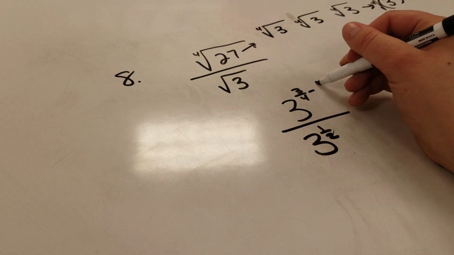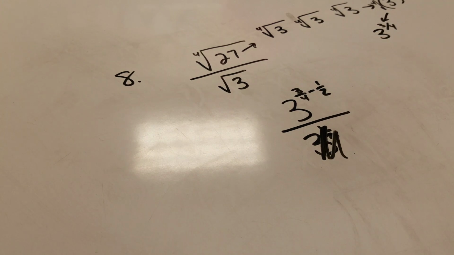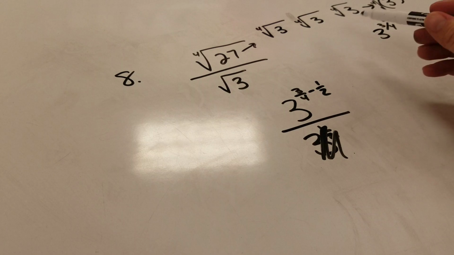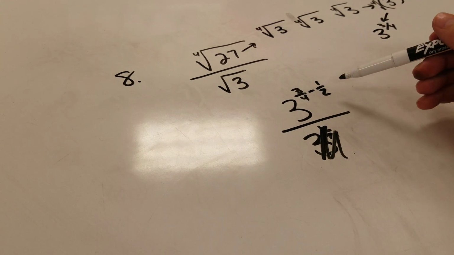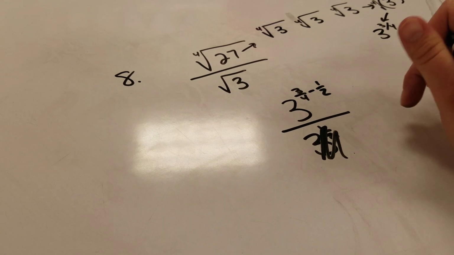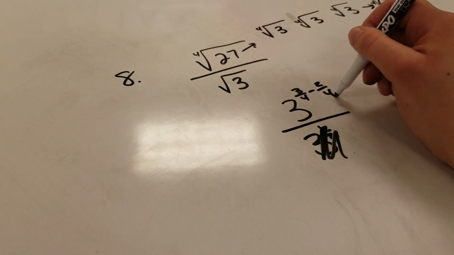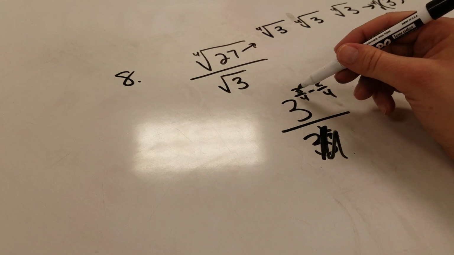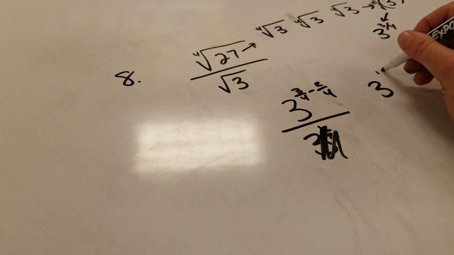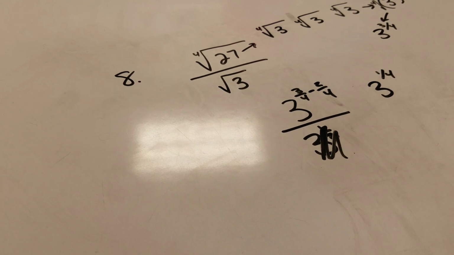So I'm going to take my 1/2 from 3/4. I'm going to get rid of that bottom because I'm subtracting the exponent to get rid of it. I need the like denominator, so I'm going to make 1/2 into 2/4. I subtract 3 minus 2, gives me a 1. Bottom stays, so we end up with 1/4, which you could probably leave like that, or you can write it as the 4th root.